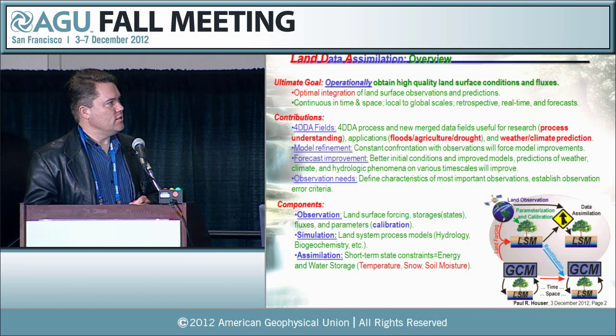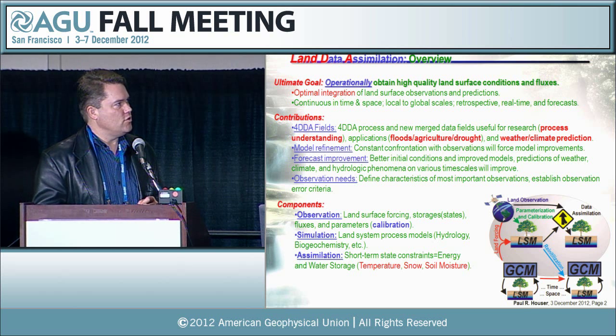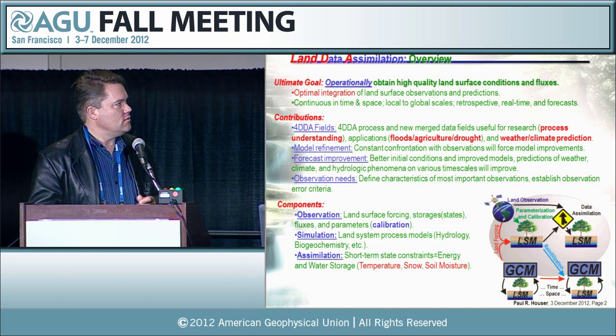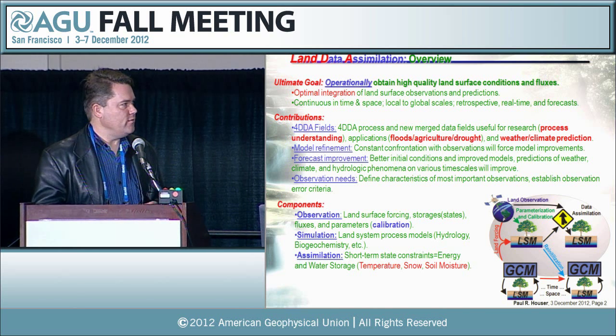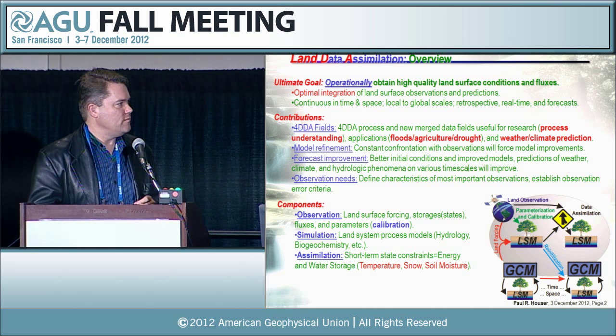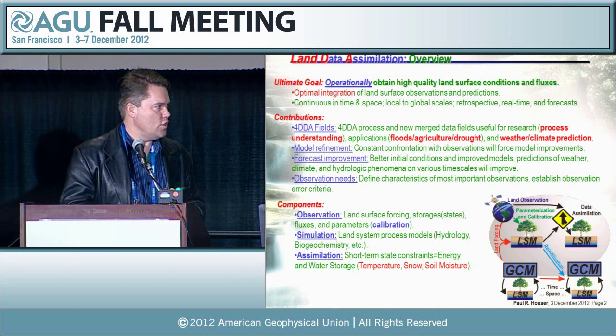These will help us with understanding processes better, flood, agriculture, and drought prediction, as well as weather and climate prediction, help us refine models, and help define what future observation needs are. The pieces I'm going to talk about are observation, simulation, and assimilation, specifically for snow in this case.